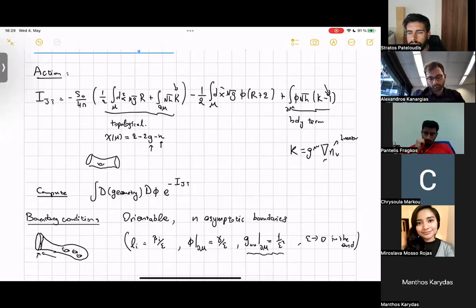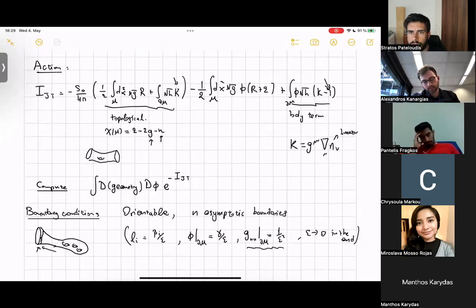Okay. But I still don't see how phi gets a boundary value if it's not dynamical. I mean, it's a boundary condition. We want to integrate over all possible values of phi, so we're going to integrate it out, and that means we integrate over all of its possible values.